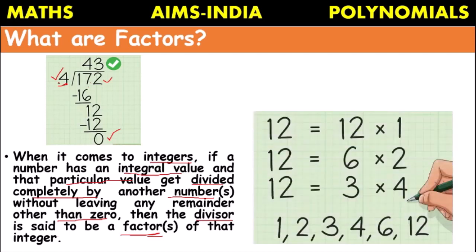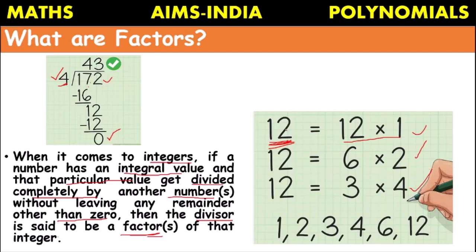Let's see it in another way. If we have 12, how can we write 12 as a product of two numbers? Many possible ways are there. We can write it as 12 into 1, or 6 into 2, or 3 into 4.